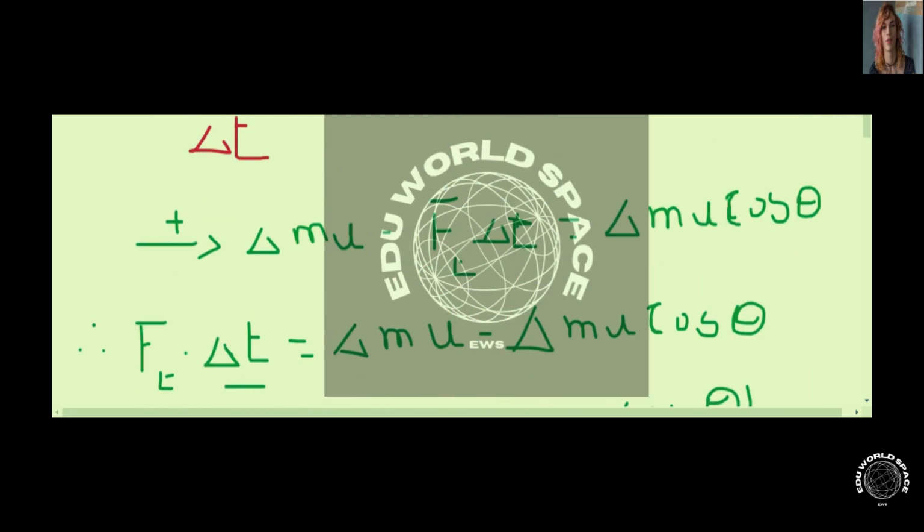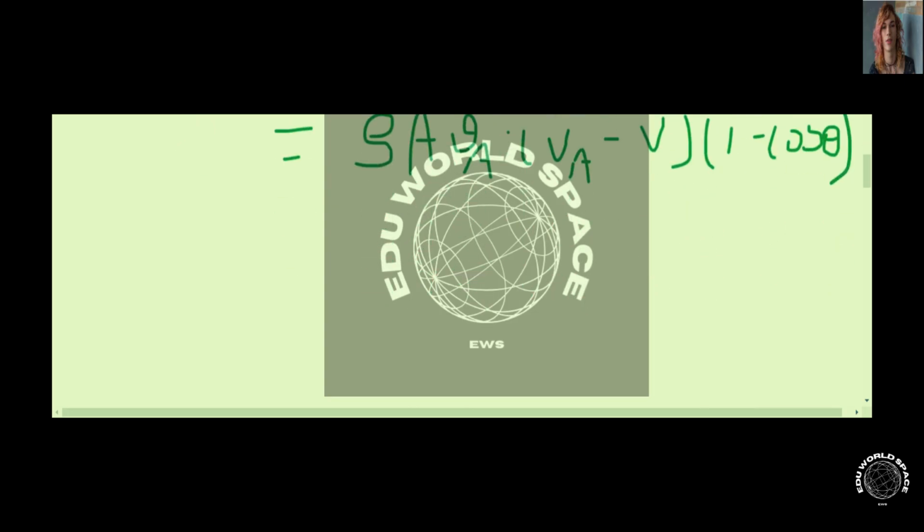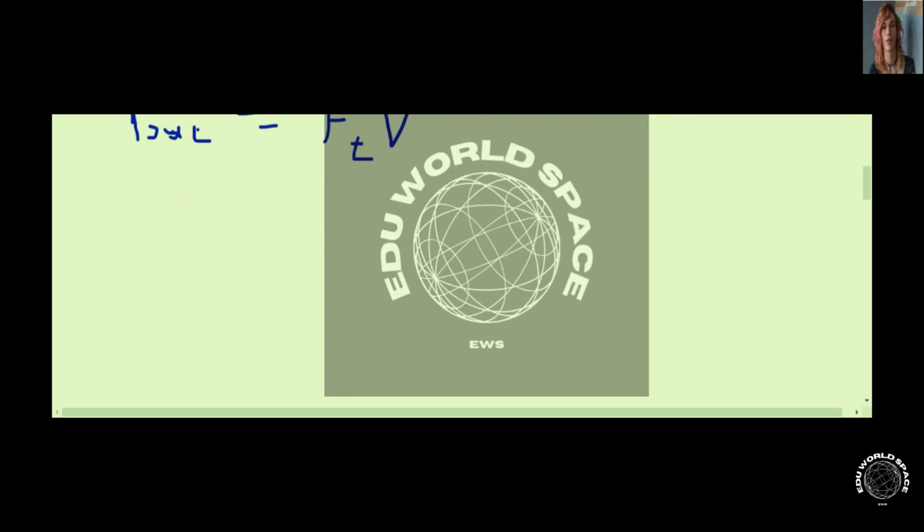So my output power, P output, is equal to F_t times v. Now let's simplify this equation further.